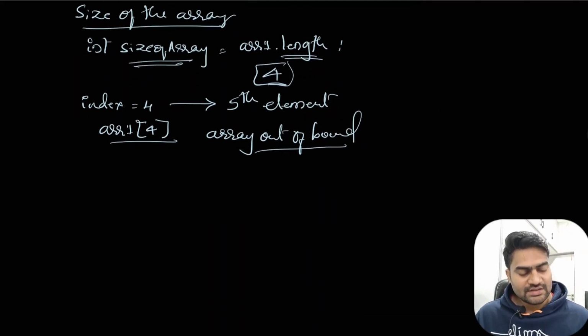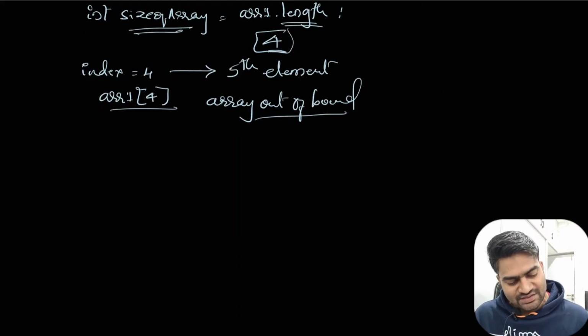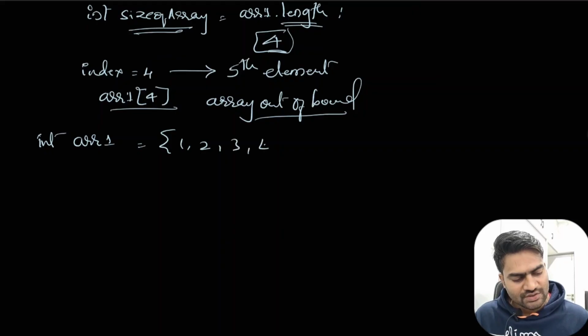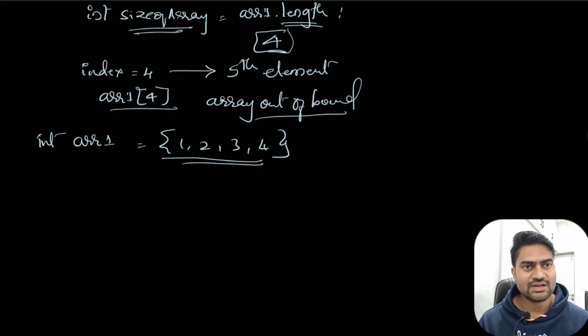Okay. Now we know all these things. Now let us assume I have this array1 equal to 1, 2, 3, 4 with me. Now I want to iterate over all the elements and do something, maybe modify them or do some other operation. So how can we do that? We have different loops available to iterate over the elements of an array.